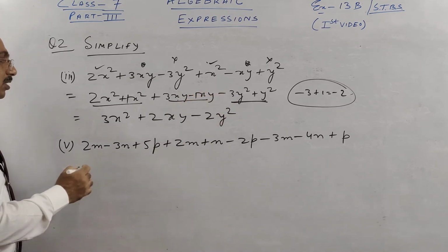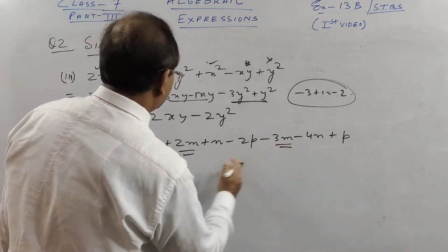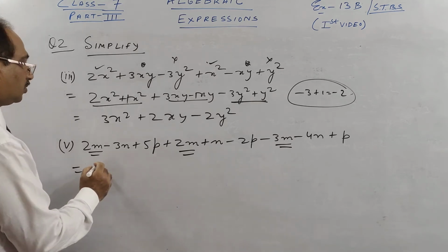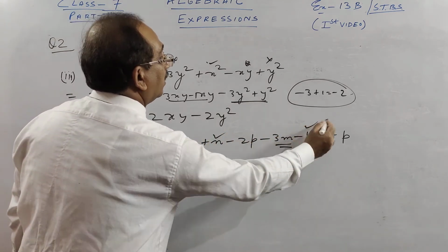Next, in the same way, you see m terms. So just I mark in a similar way, children, so that we don't miss out any term. So here m and m. Second, n and n.